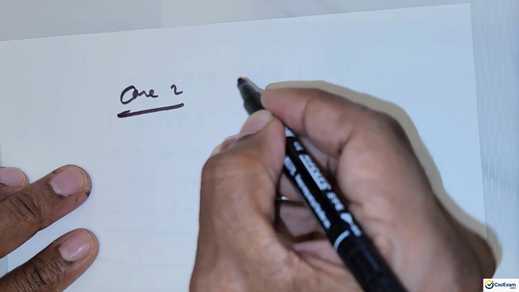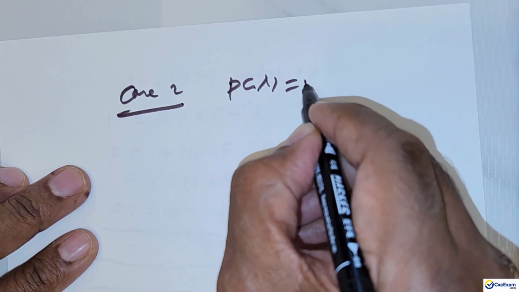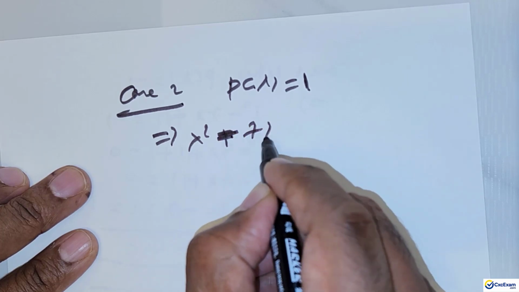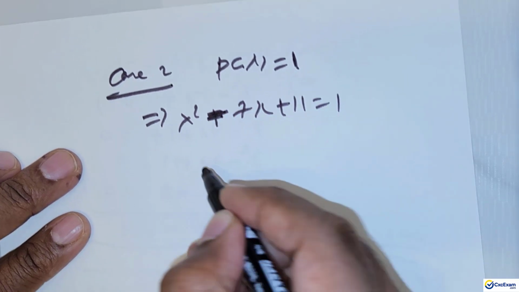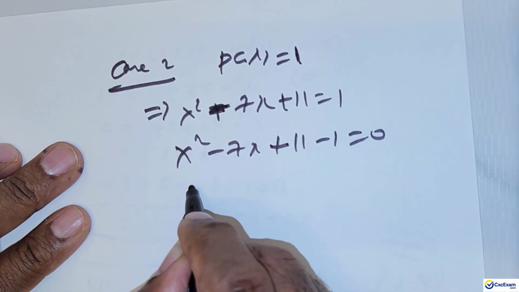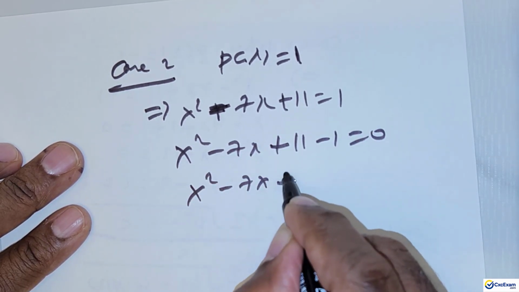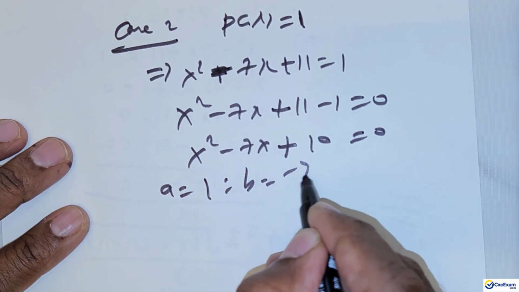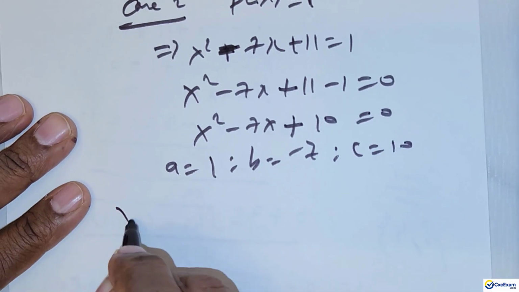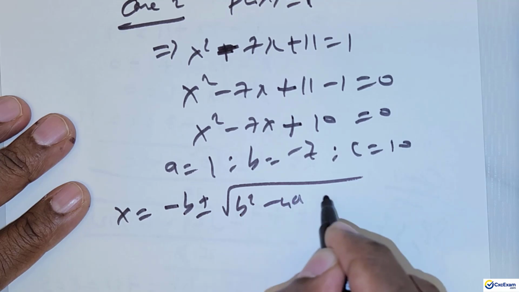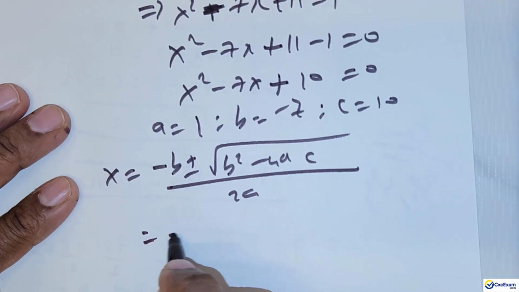Now let me go to case 2. Case 2 is what? P of x, again the base should be equal to 1. So this means x squared minus 7x plus 11 is equal to 1. X squared minus 7x plus 11 minus 1 is equal to 0, which means x squared minus 7x plus 10 is equal to 0. A is equal to 1, b is equal to negative 7 and c is equal to 10. I substitute into the formula: negative b plus or minus root of b squared minus 4ac, divided by 2a.